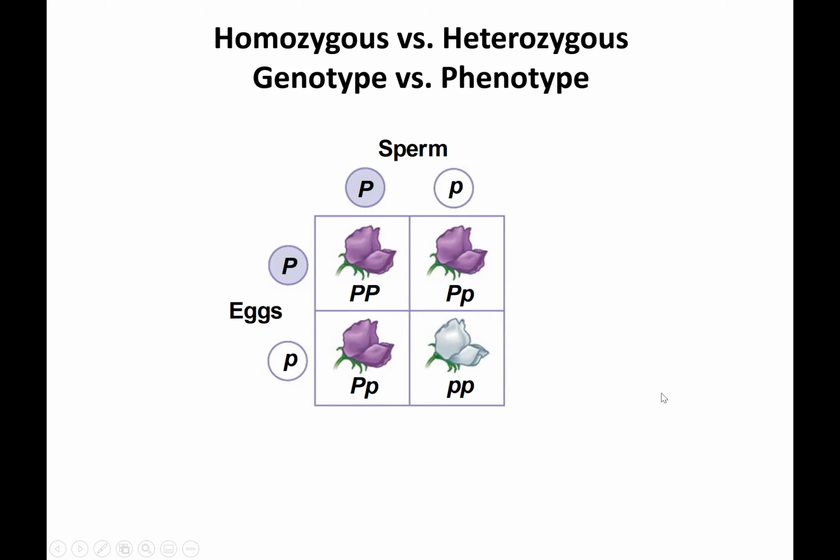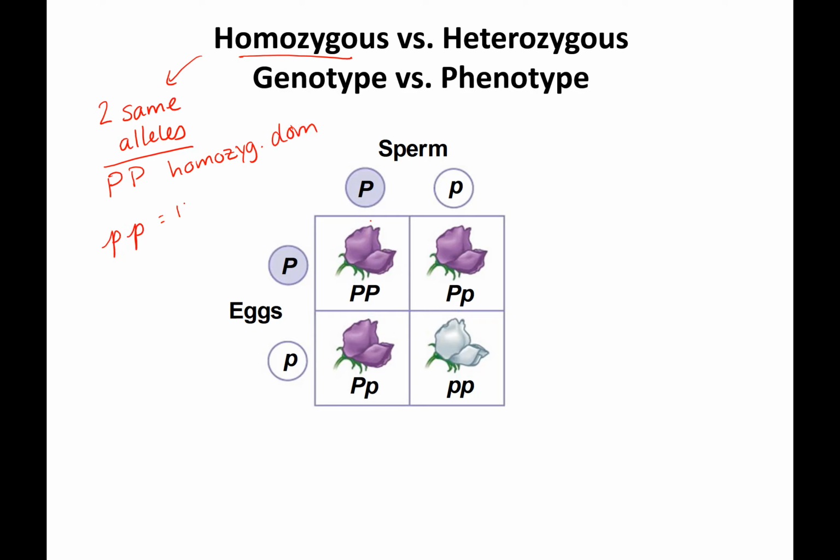All right, so just to summarize, we've talked about homozygous, which means two of the same alleles. And you can have, let's do the ones we have here, homozygous dominant or homozygous recessive.